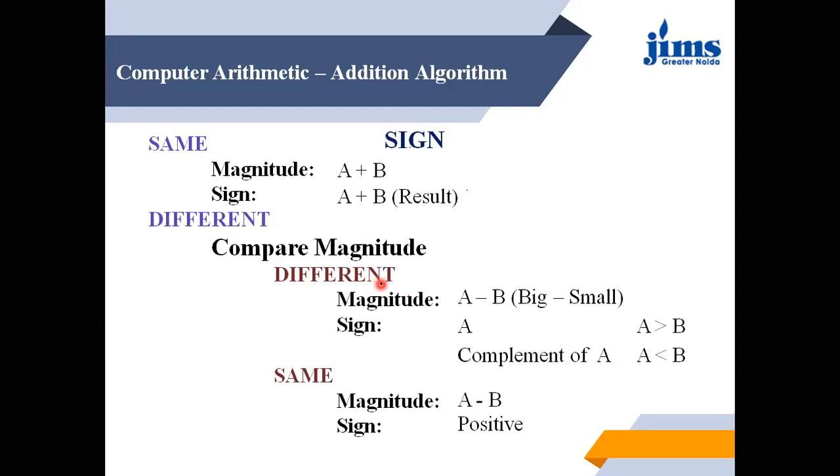In case of different magnitude, the magnitude value will be A minus B, where we subtract the smaller value from the bigger one, and the sign will be that of A if A is greater than B, otherwise the complement of A's sign if A is less than B. And in case the magnitude is the same, the value will be 0, that is A minus B will be 0, and the sign will be positive.